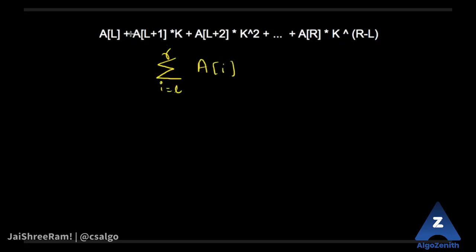The first one gets multiplied with k to the power 0, then k to the power 1, k to the power 2, and so on. So it gets multiplied with k to the power I minus L. Because when you put L over here, this gets to 0 and the next gets to 1. And at the end, putting R is also correct. So if these two terms match, most probably the expression is correct. And this is the expression that you need to evaluate for the queries.